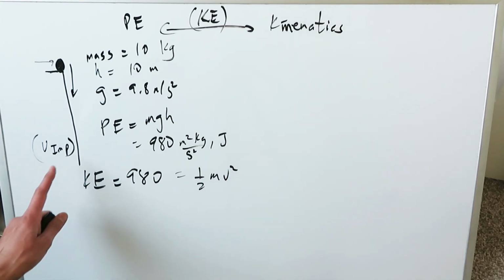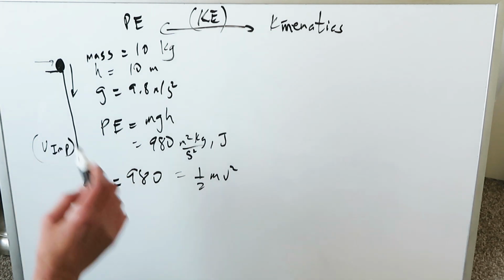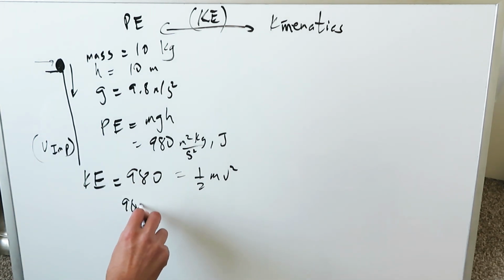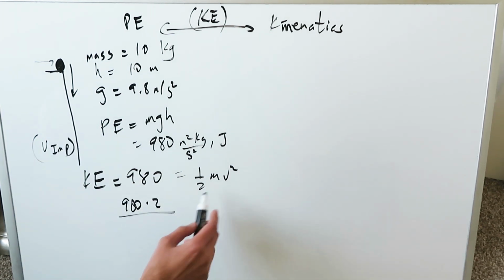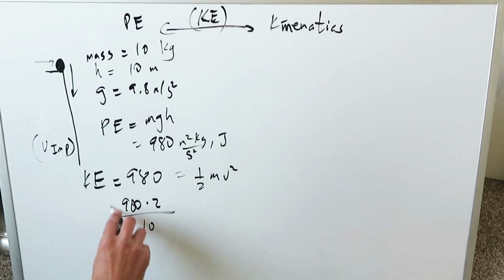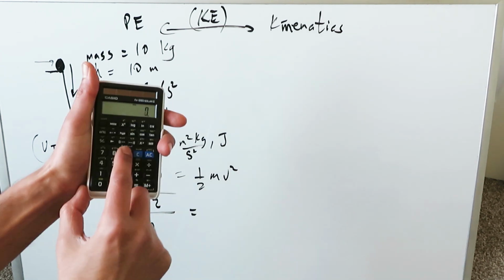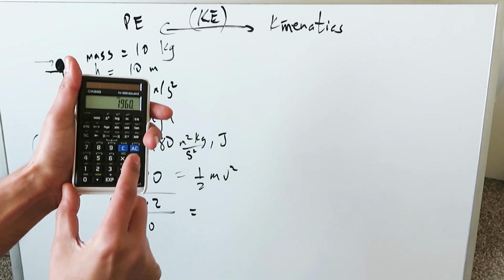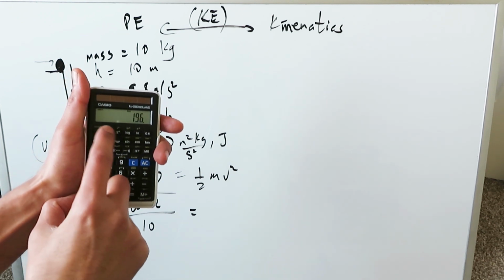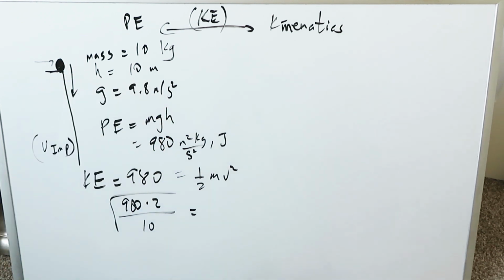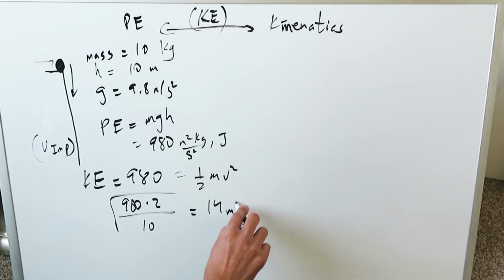Solve for this velocity, it'll give you the velocity at impact. Let's do it. 980 times 2 divided by your mass, which is 10, and you'll square root it. We're getting 14 meters per second. The velocity at time of impact would be 14 meters per second.